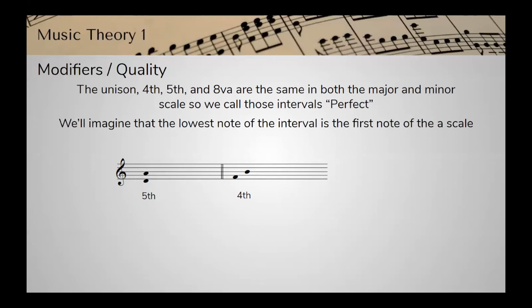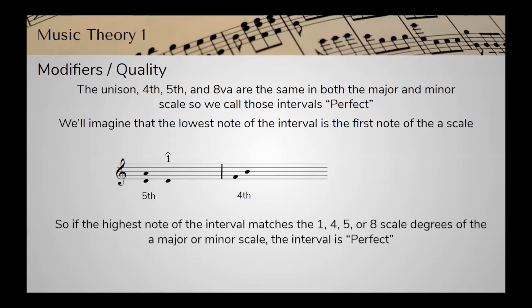Okay, and to determine if it is perfect, we'll imagine that the lowest note of the interval is the first note of a scale. So over there on the left where we have our fifth, the lowest note of that interval is a D. So we'll compare those two notes to what they should be in a D major or D minor scale. We're going to see if it matches the fifth degree of the scale because we're trying to find out if the fifth is perfect.